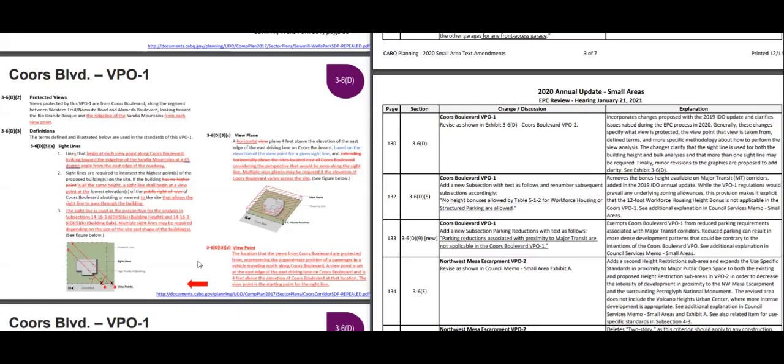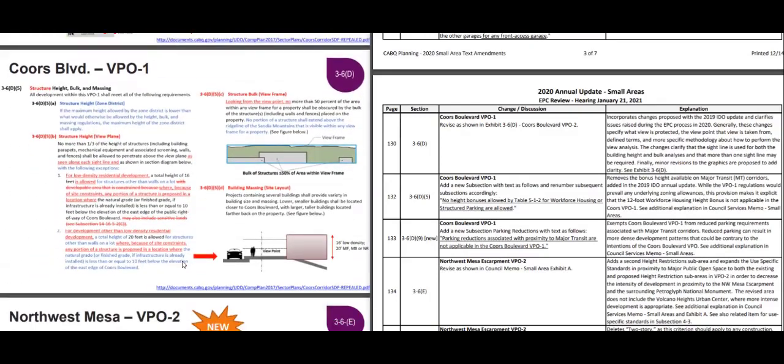A viewpoint is set at the east edge of the east driving lane on Coors and is 4 feet above the elevation of Coors at that location. The viewpoint is the starting point for the sightline. So this text was drawn from the former sector development plan, and really that was the key point of establishing where these protected views would originate.